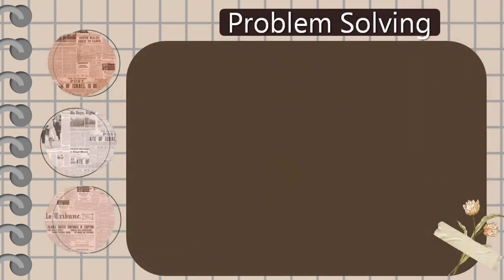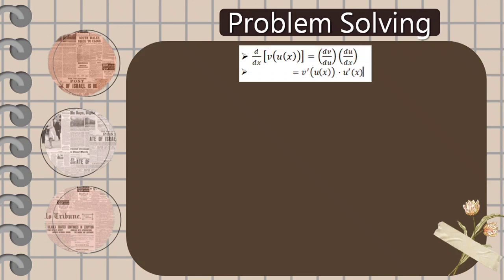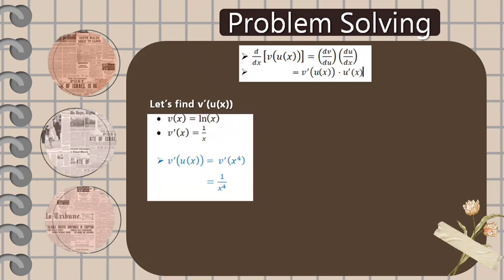The chain rule says that the derivative of v of u of x is equal to the derivative of v of u of x times the derivative of u of x. Now let's find the derivative of v of u of x. v of x is equal to ln of x.